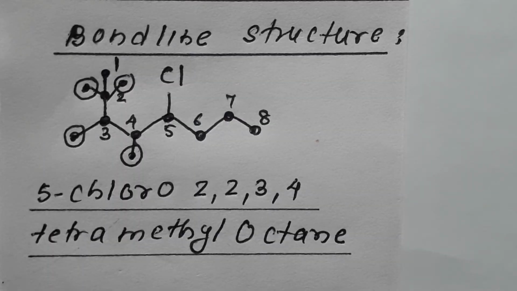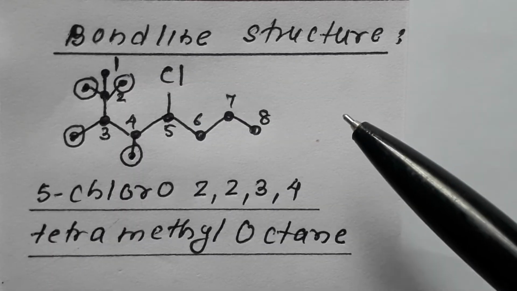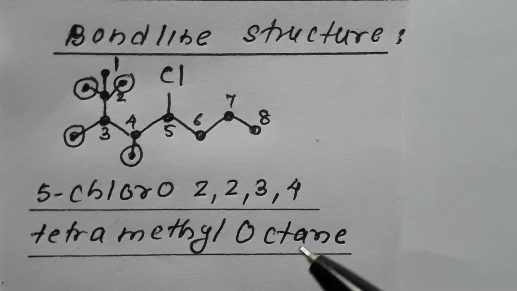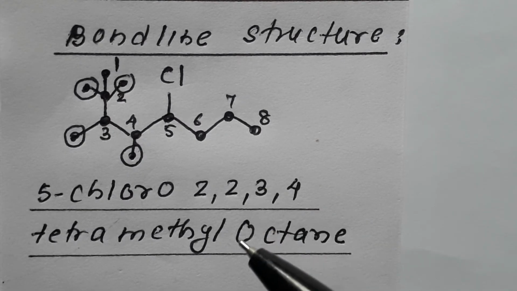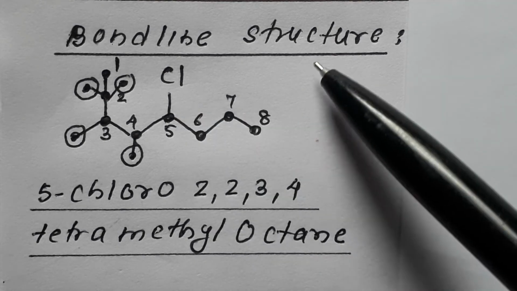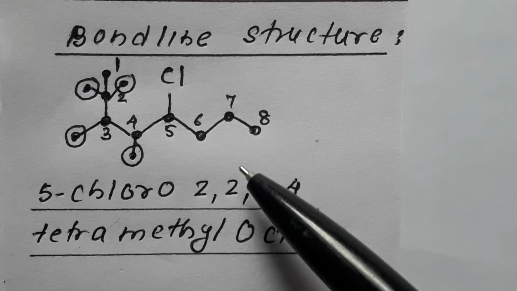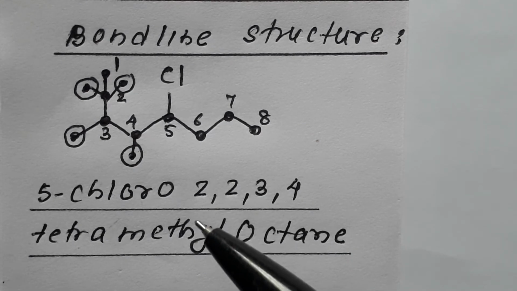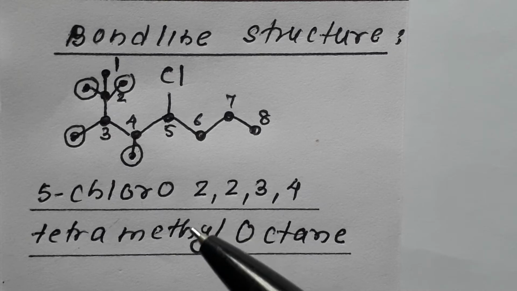Now let us discuss the bond line structure of this molecule. This is a molecule which is given to us. First we have to choose the longest carbon chain, and the chain we choose should be one to which halo is directly attached.